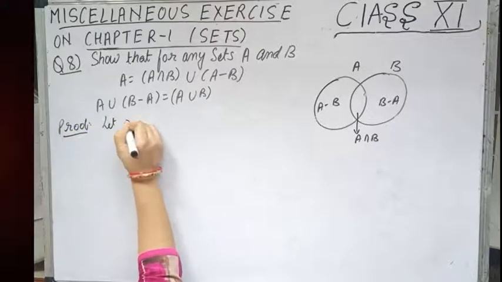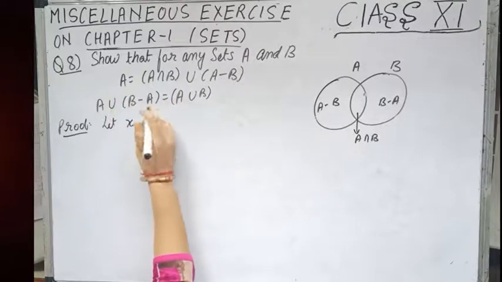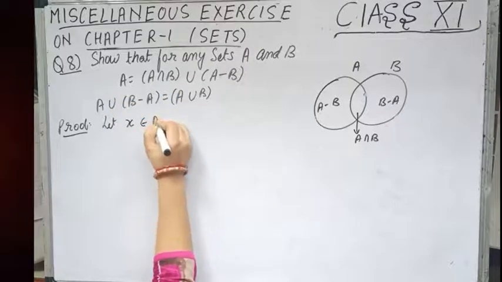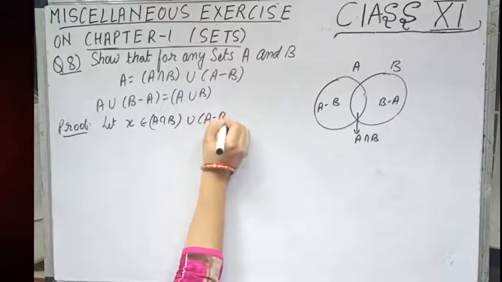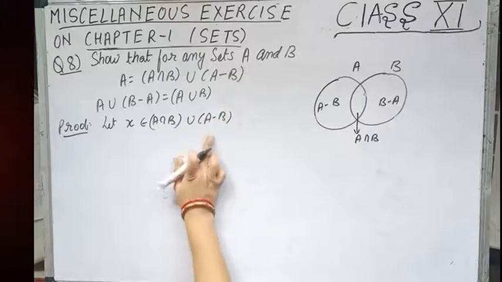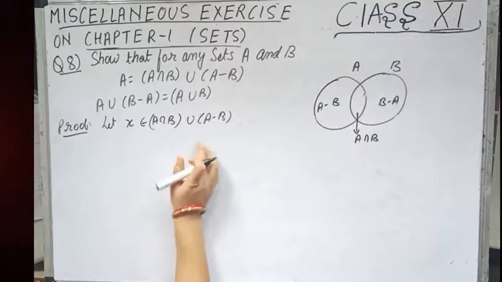I am starting with the RHS. Let X belong to A intersection B union A minus B. If an element belongs to the union, it belongs to this set or that set.